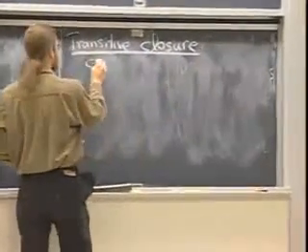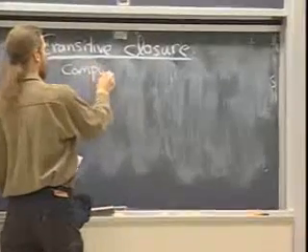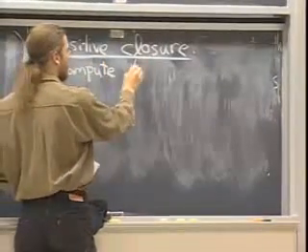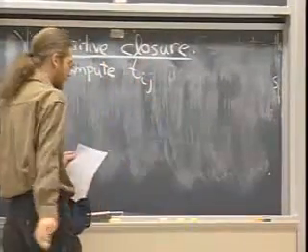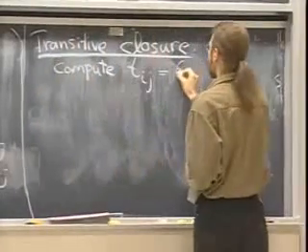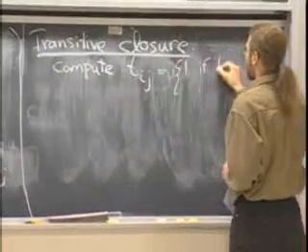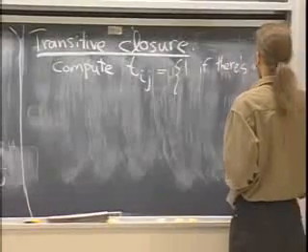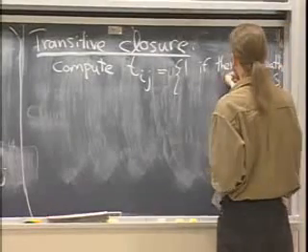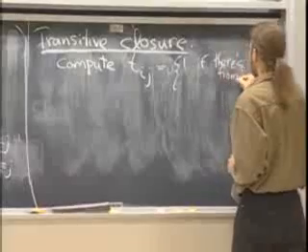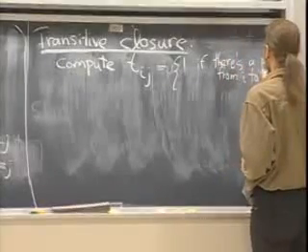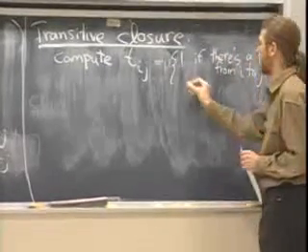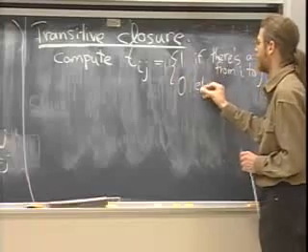So here's a transitive closure problem. I give you a directed graph, and for all pairs of vertices i and j, I want to compute this number. It's 1 if there's a path from i to j, and it's 0 otherwise.